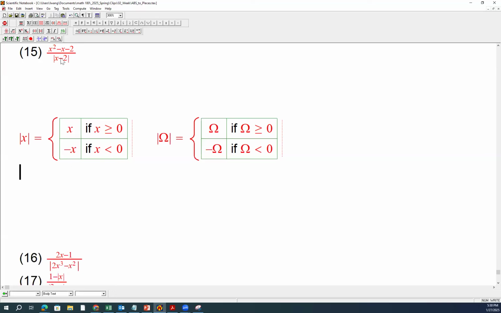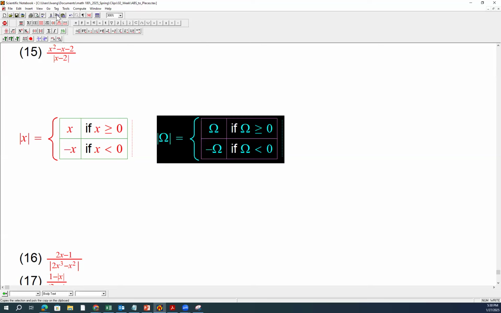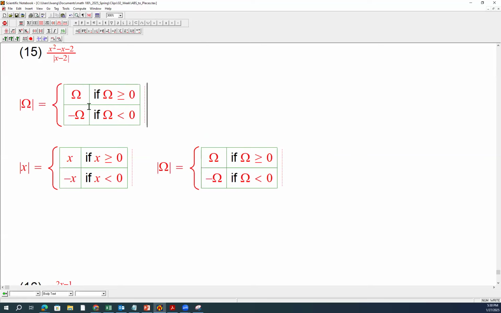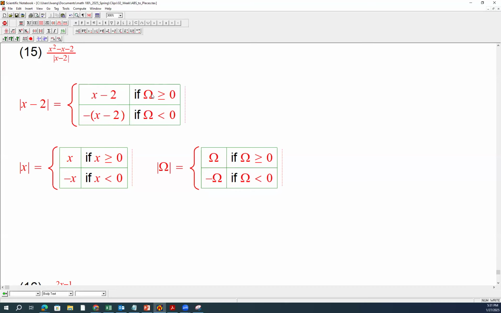All right. This one. We have x minus 2. So x minus 2 is going to be in the place of omega. We know that whole drill. X minus 2 is a whole bunch of substitution.